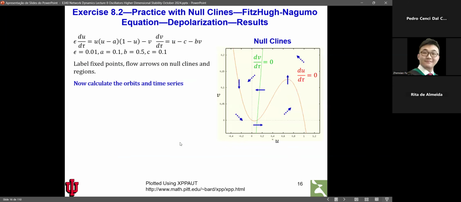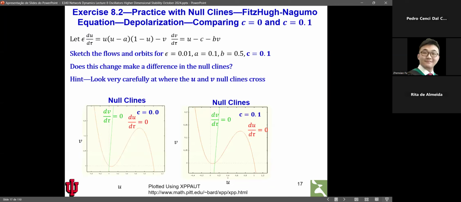So again, you do the same thing. You draw, you try to discover more or less the flow arrows and the nullcline regions, and calculate the orbits and the time series. You use the equations. You use the algorithm you have done.